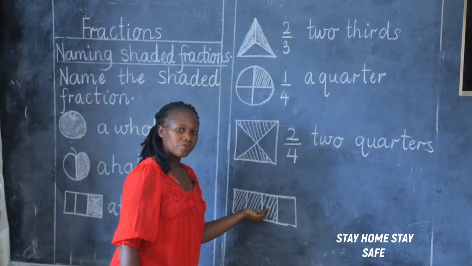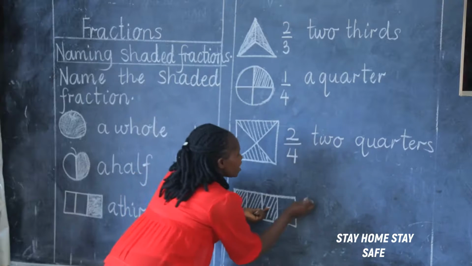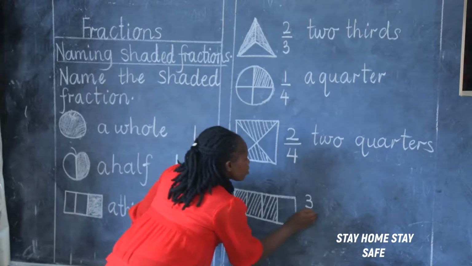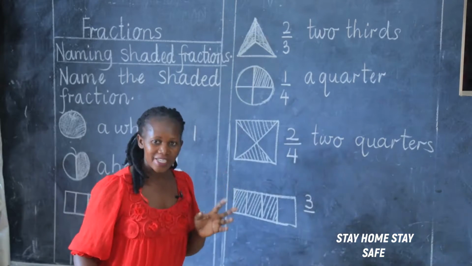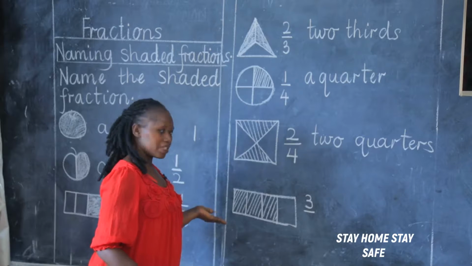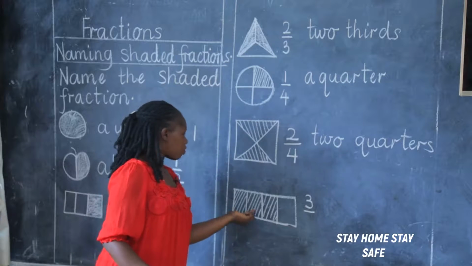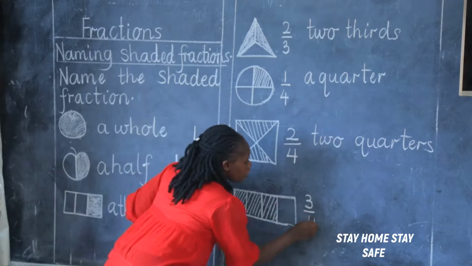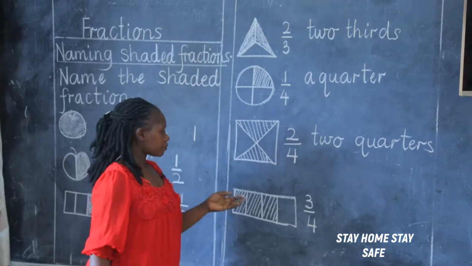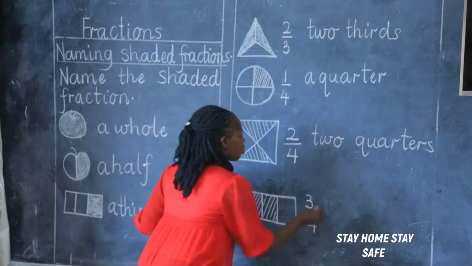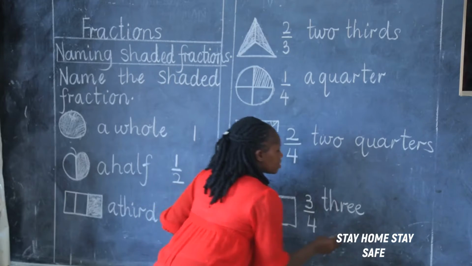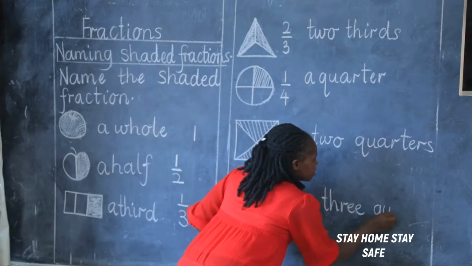And the parts which are shaded are the ones I write up. I have shaded 3 out of all the number of parts that I have. How many parts do I have? 1, 2, 3, 4. So I have shaded 3 parts out of 4 parts. And this fraction is called 3 what? Quarters.